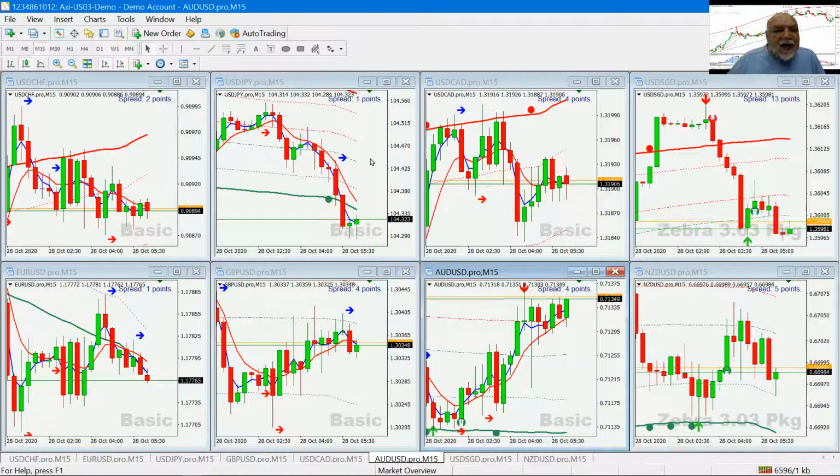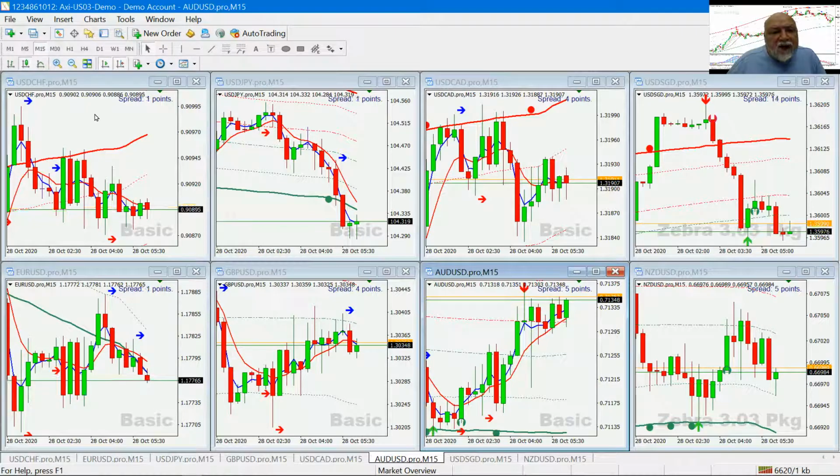These are the majors. And again, just for you to understand, if you haven't heard me tell you, notice that I have 8 charts here, so I'm able to view the majors very quickly and see if I have any potential trades.